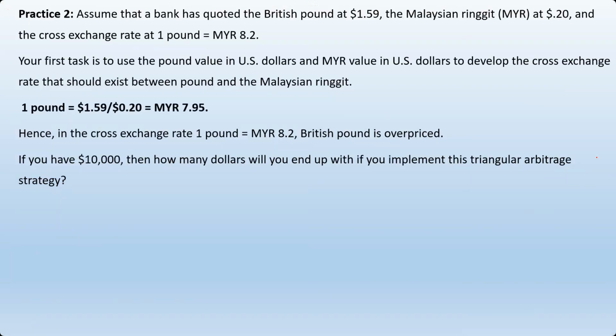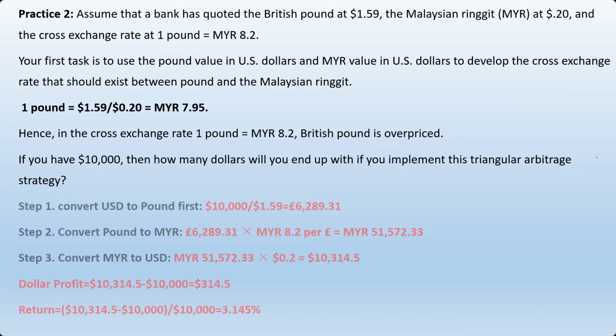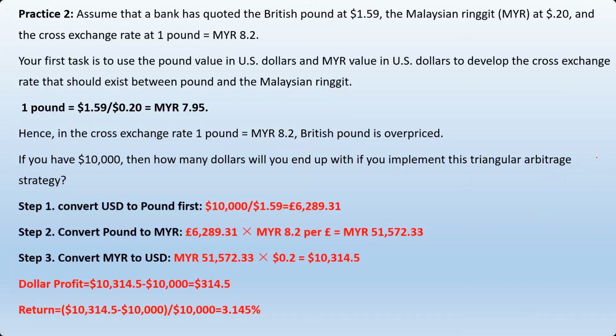So it's 1.59 divided by 0.2. And the cross exchange rate in the market, we found, is 1 pound equals 8.2. So basically the British pound is overpriced. As I said, for triangular arbitrage, finding the overpriced currency is the most important thing.